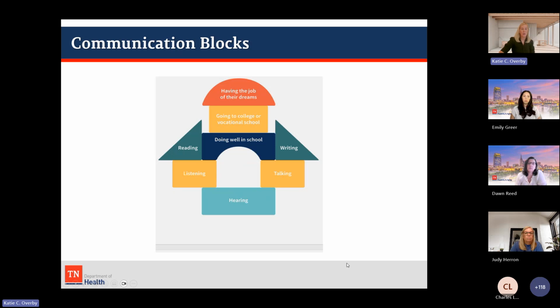We have to ensure that we know a child's hearing loss, the full scope of their hearing, before we can start stacking blocks on. Because if we start stacking talking or going to college or reading onto not a solid foundation, we're going to end up again with holes, and we're going to be asking children to do things that are not feasible for them.